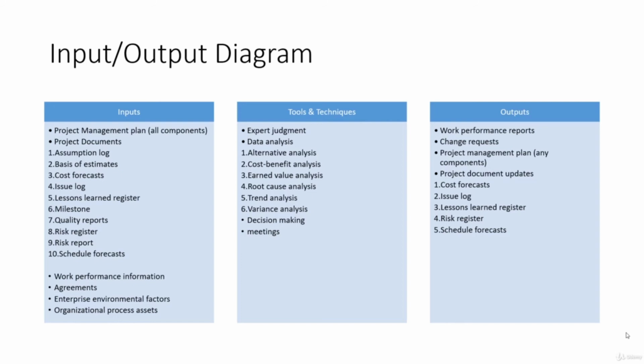Let's say the overall budget is 100K, and we have spent $80,000 out of that, but the project progress is only 20%. So that's low performance. But if we have spent 80,000 and the project progress is 90 or 100%, then that's a good performance. So you have to use these metrics which are very specific to the project.